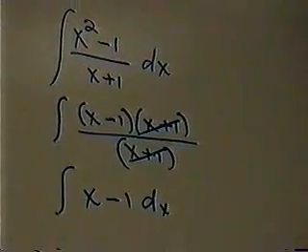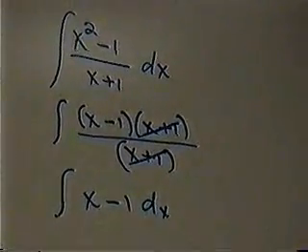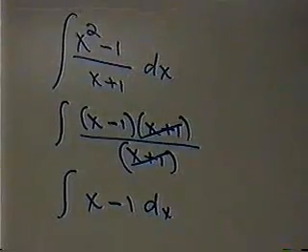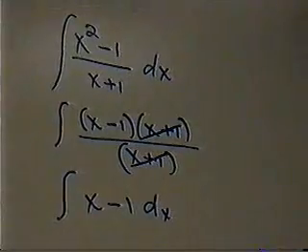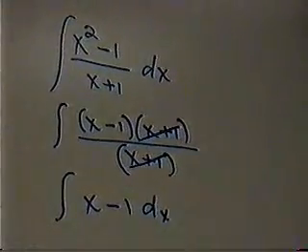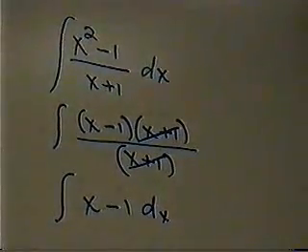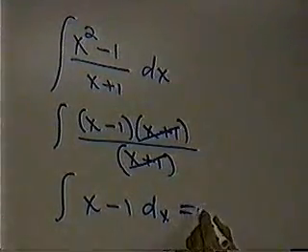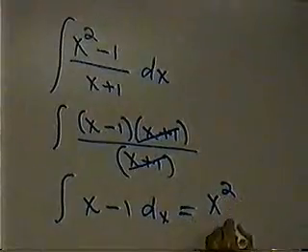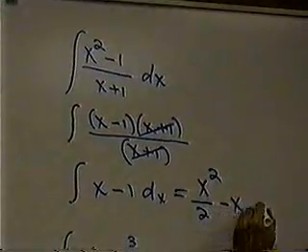The point being, listen closely, is you've got to do some kind of algebra to get it to be x to a power, x to a power, x to a power. Whatever it takes, algebra concept, then do that. Right? So now when we integrate this, this is simply x squared over 2 minus x plus c.